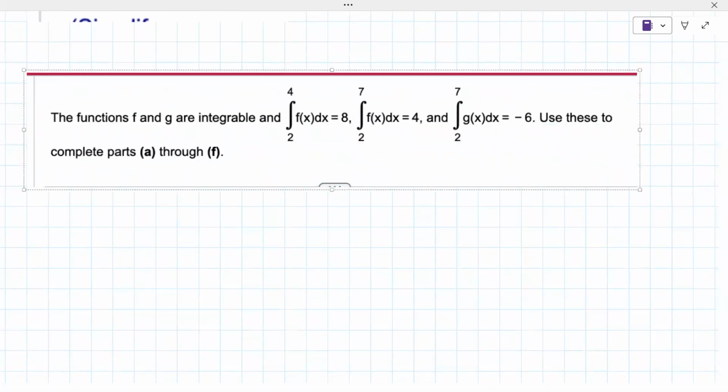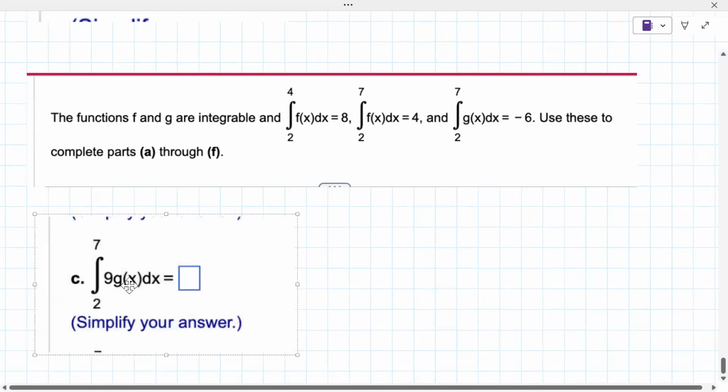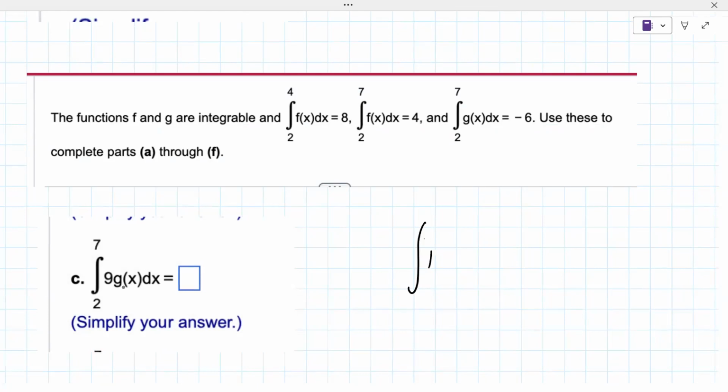So now part C, take a look at that. Part C is the integral from 2 to 7 of 9 times g of x. You can always bring a constant out of the integral. So it's constant times the integral of f of x dx.